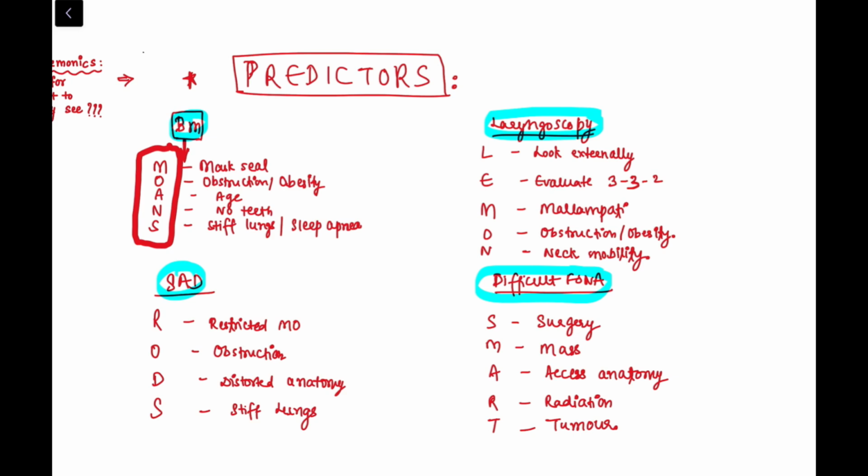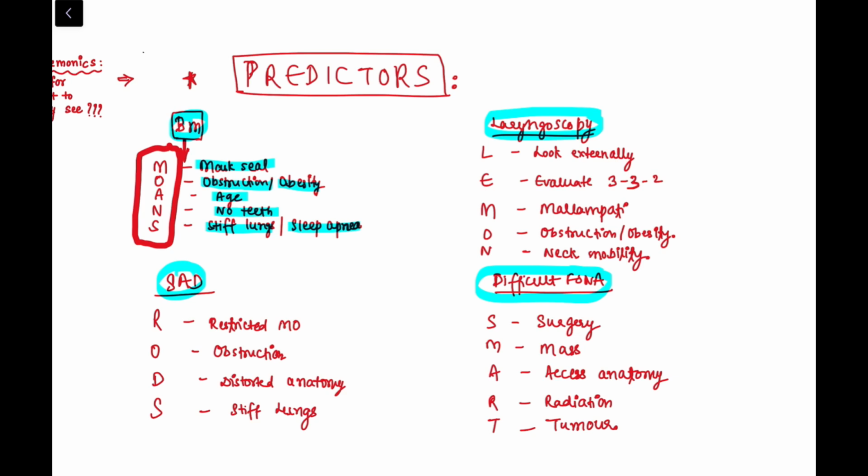What are the components? If there is a difficulty in the mask seal, if there is some obstruction in the airway, the patient is obese, if they are elderly, and then if there is an edentulous patient, because there will be leak around the mask, and if the person has less compliant lungs, that is stiff lungs, or again because of obesity, if they have pulmonary hypertension and lung fibrosis because of sleep apnea, all those components will be increasing the resistance to the airflow.